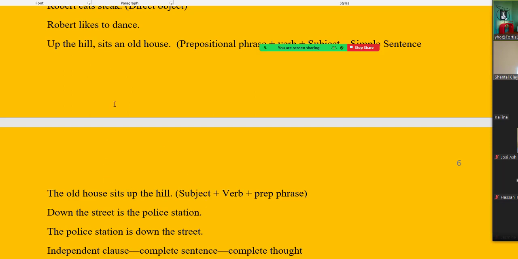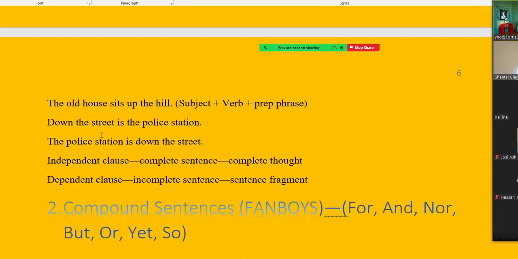Anyway, this is a simple sentence, and this is a simple sentence. The subject is the old house, sits is the verb, up the hill is the prepositional phrase. Down the street is the police station. Down the street is the prepositional phrase, is is the verb, and the police station is the subject.